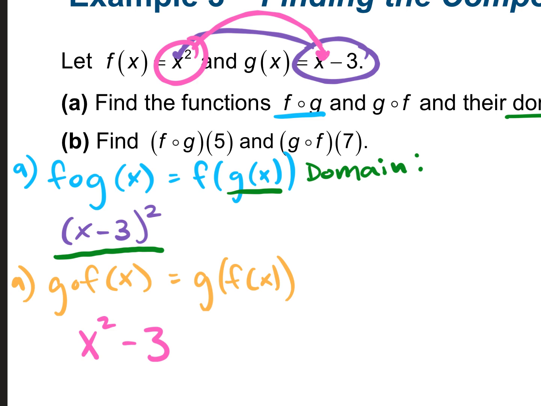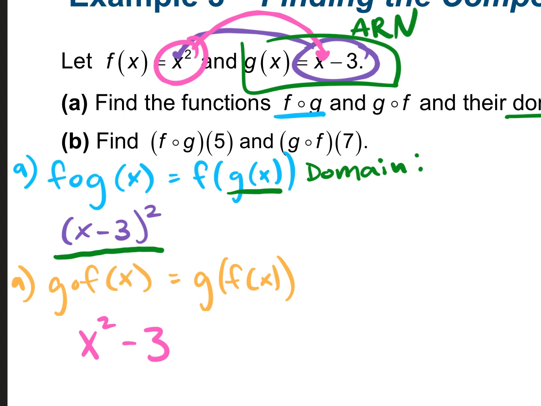So what would my domain of my g function be? x minus 3, what's the domain there? Do we have a fraction? Do we have a square root? No. So what's our domain? All real numbers.